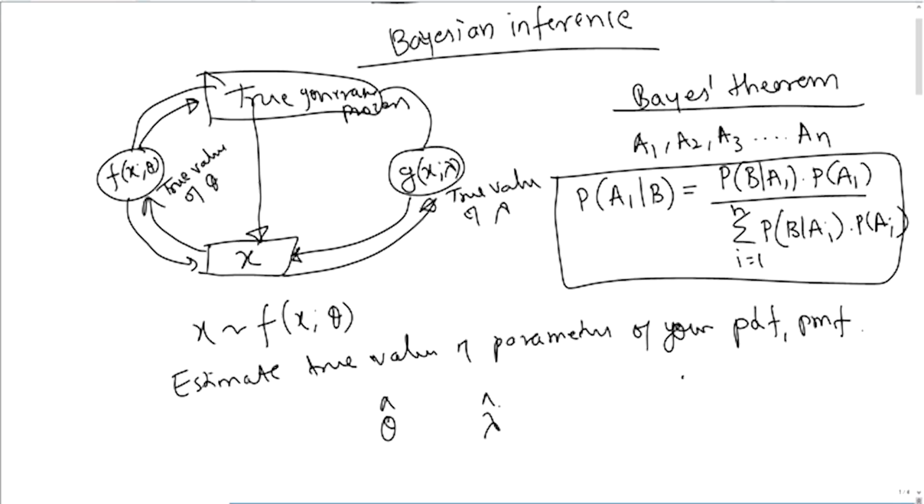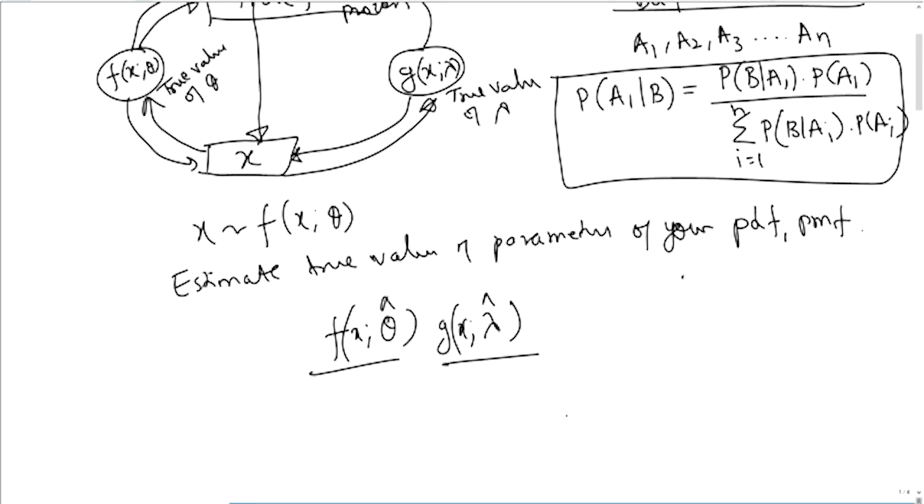So the true generative process behind this data is either f of x theta hat or g of x lambda hat. Then you will compare these two, to see which one is better at explaining future data or unseen data.